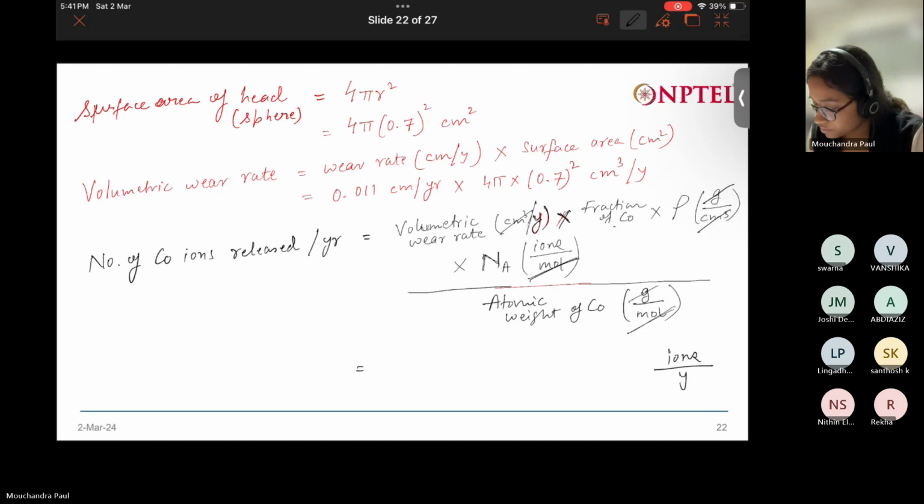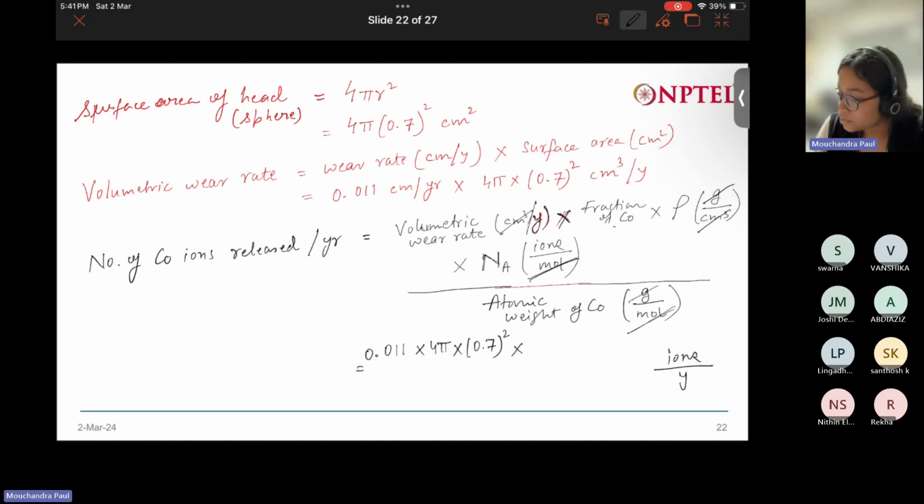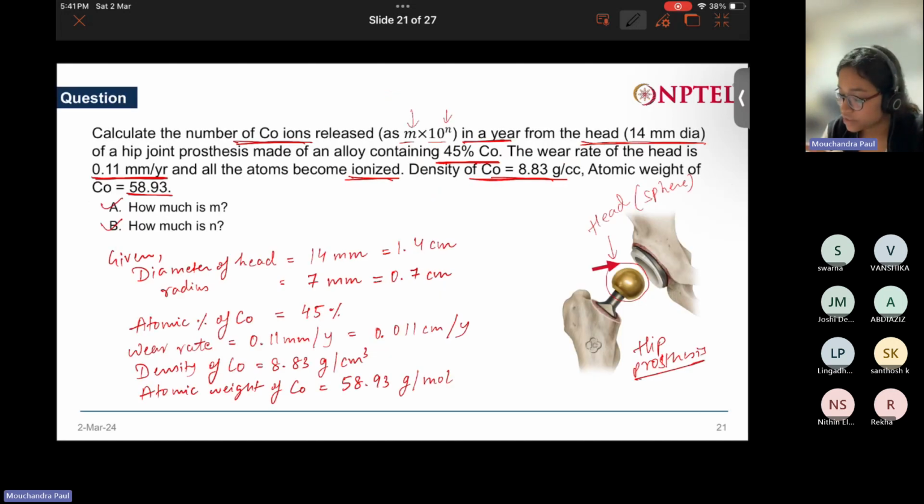Now feed in the values. Volumetric wear rate is 0.011 into 4 pi into 0.7 square. Fraction of cobalt, how many cobalt atoms are there, you know from the atomic percentage, from here.